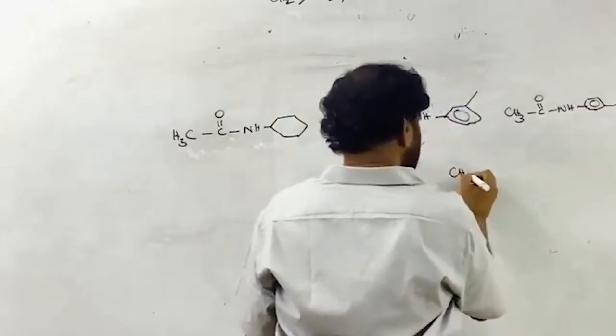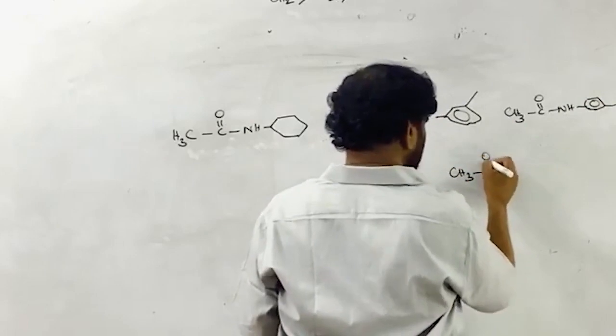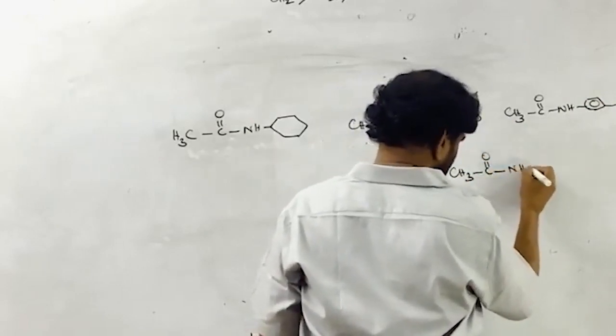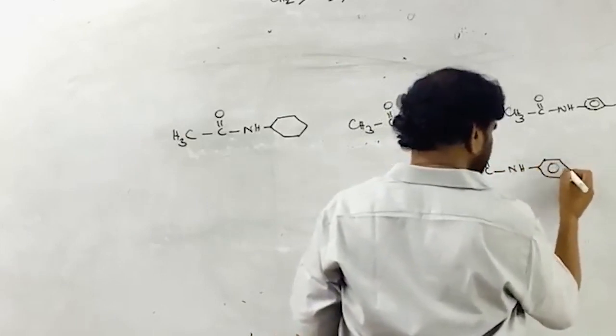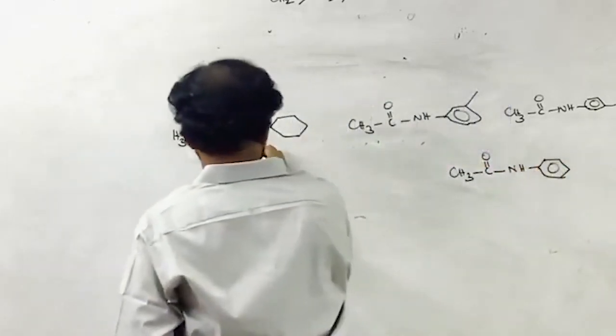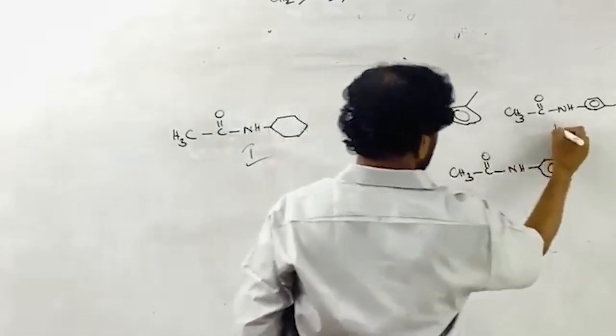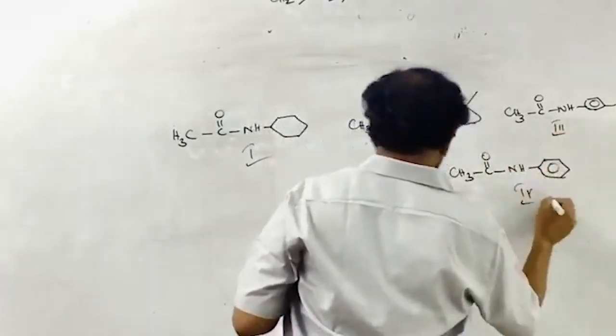And the fourth one is CH3, C double bond O, NH. This is 1, this is 2, this is 3, this is 4.